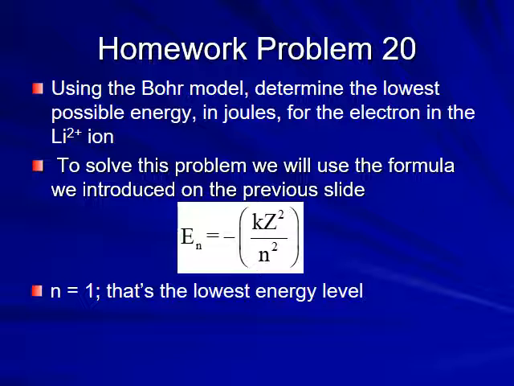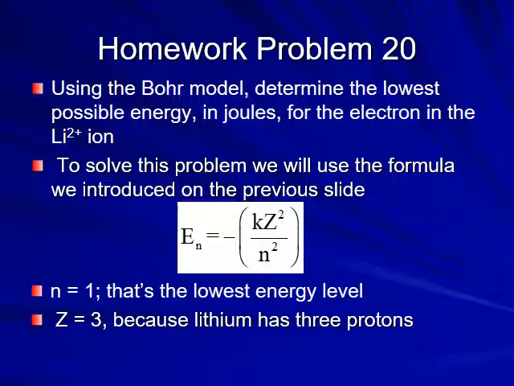That's the lowest energy level we can possibly get. Z is 3 because lithium has 3 protons. Also, a side note, the reason they're talking about the lithium 2+ ion is this model only works for single electron species. So a lithium atom with 3 electrons or a lithium +1 with 2 electrons, this formula wouldn't work.